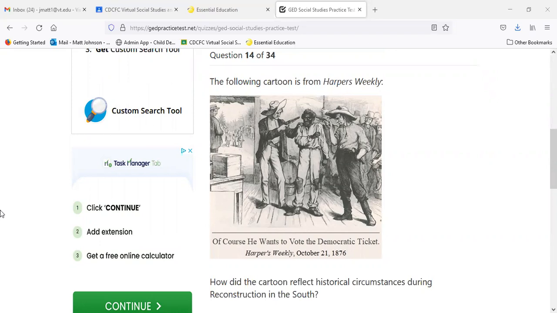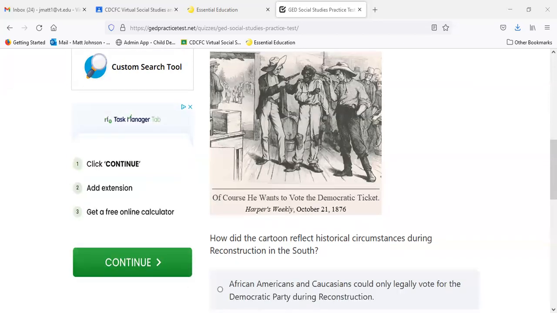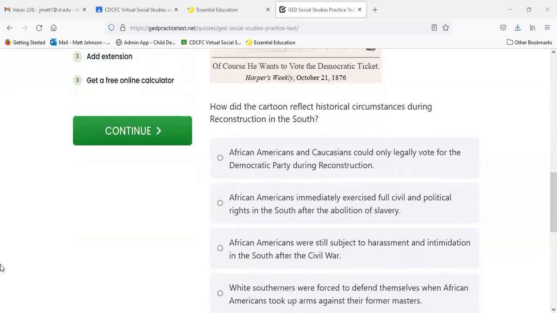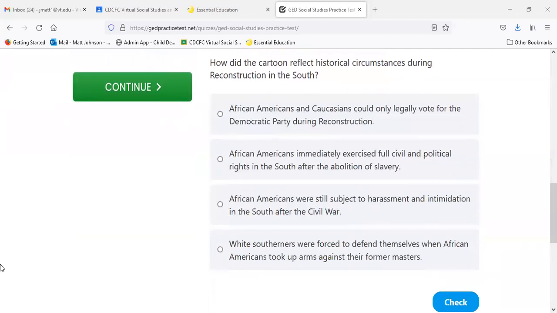I will go to Nautica for this one. The caption says, "Of course he wants to vote the Democratic ticket," right? We've got two white men pointing their revolvers at this Black man. 1876, and we talked about voting rights and things. So how did the cartoon reflect historical circumstances during Reconstruction in the South?